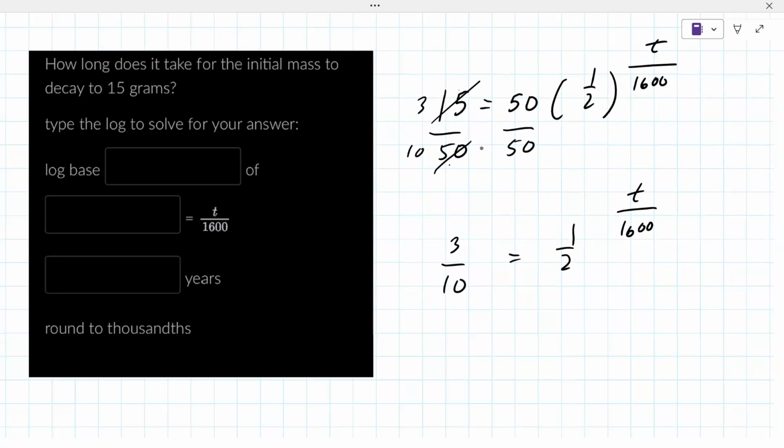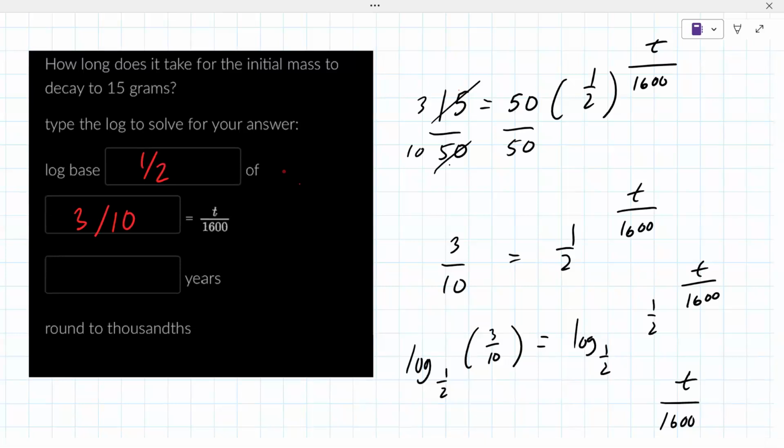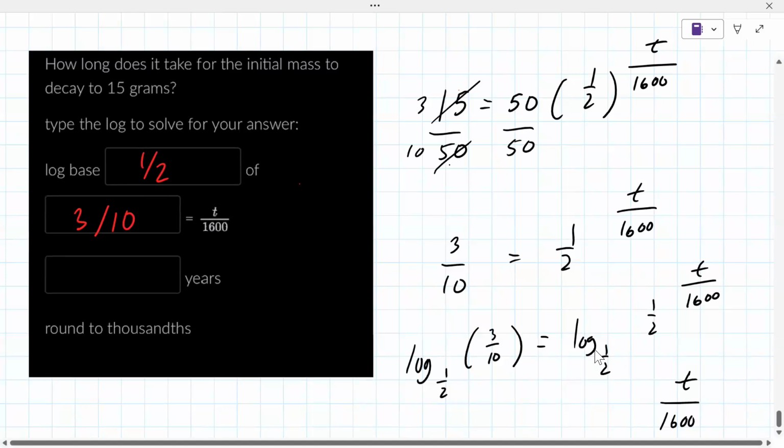So you're gonna take the log. You're gonna take the log base 1/2 of both sides. And on the right, that's where it becomes just the t over 1,600. So on the left, that's the answer that they're looking for. Log base 1/2 of 3/10. And then we have to solve this.